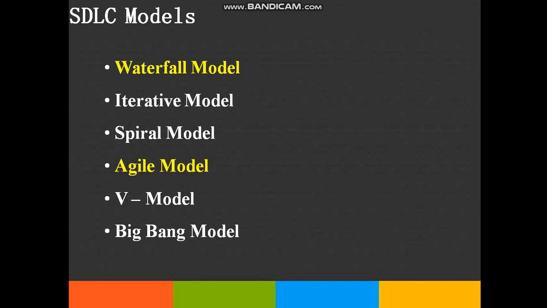For the software development lifecycle, we use different types of models. A number of models are used for SDLC: waterfall model, iterative model, spiral model, agile model, V model, Big Bang model. These are the common models used for SDLC.